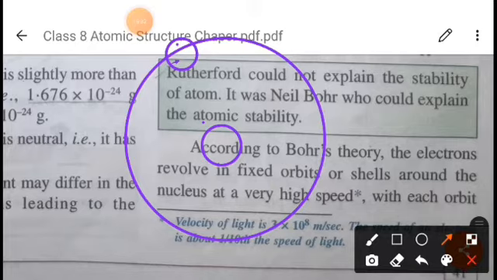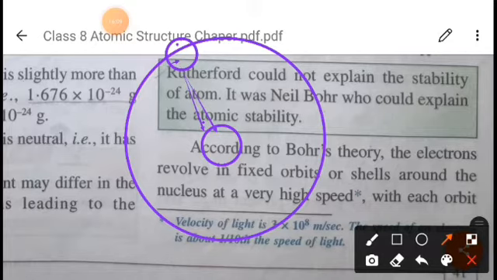So as a result, what will happen? The inward force exerted by the nucleus is counterbalanced by the outward force of the moving electron. There was some force with which the nucleus was attracting the electron, trying to pull it.